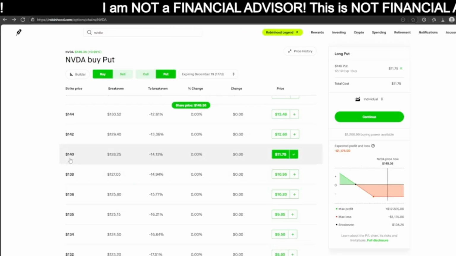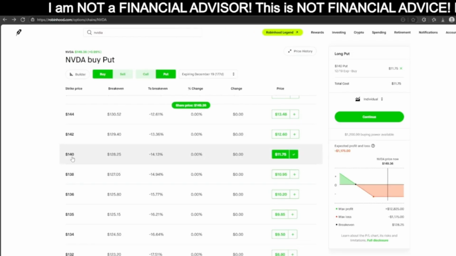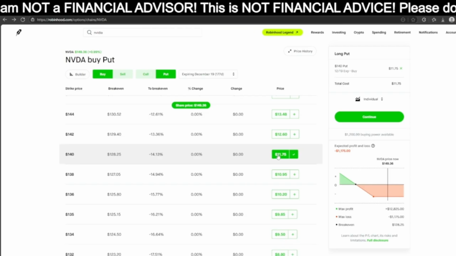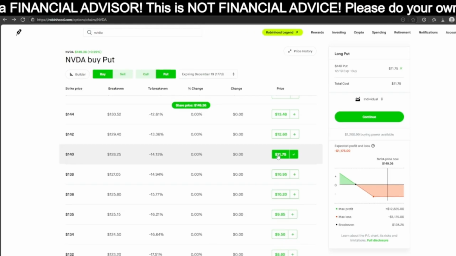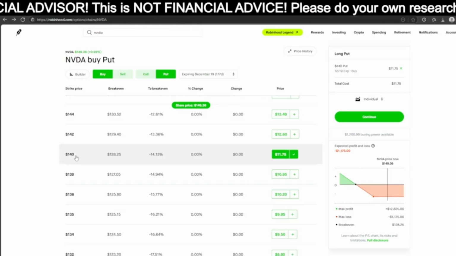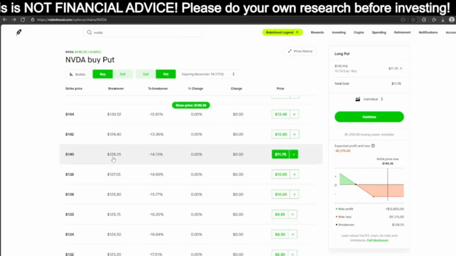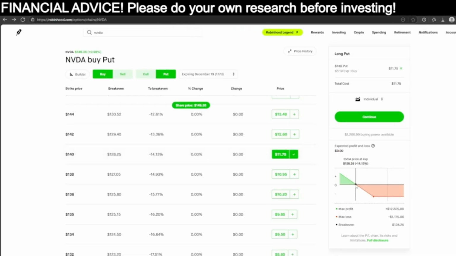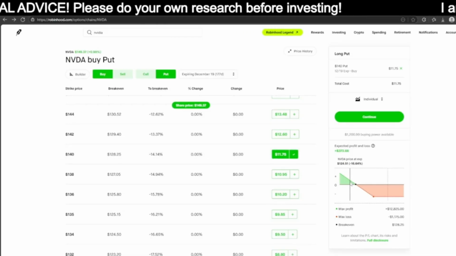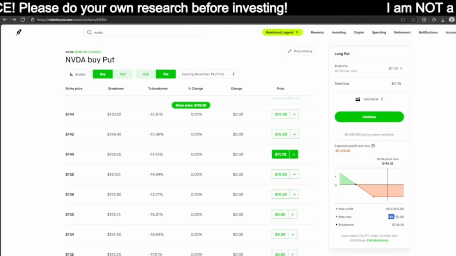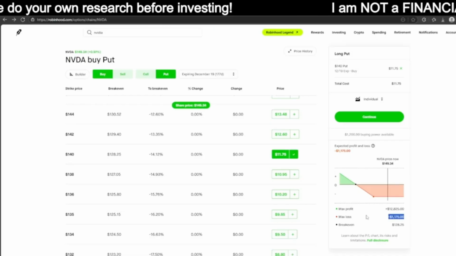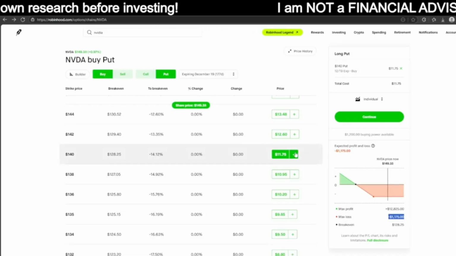And again, what you will notice is your break even. Strike price 140, but again, you're paying $11.75 for every share. So with 140 and this price in here, your break even actually needs to be 128.25 in order to then start making profit as a result. Again, the cost basis that you have right here is 1,175 because you're paying for 100 shares of these.